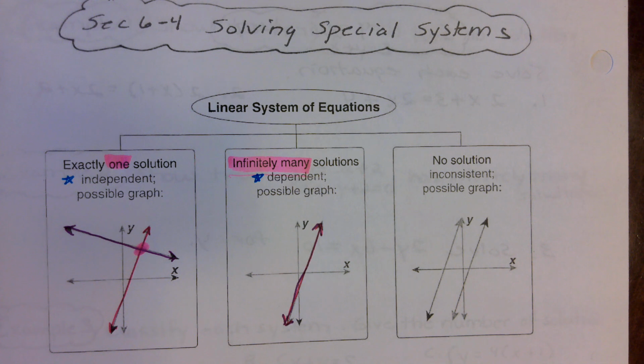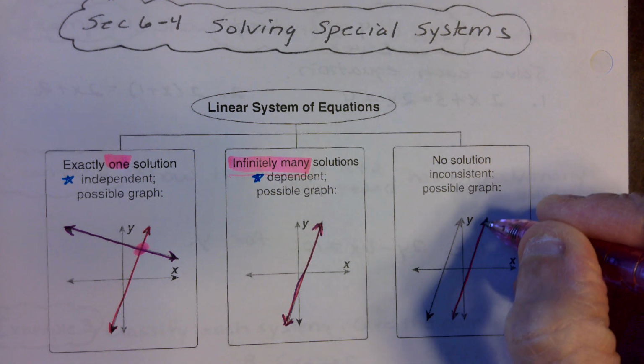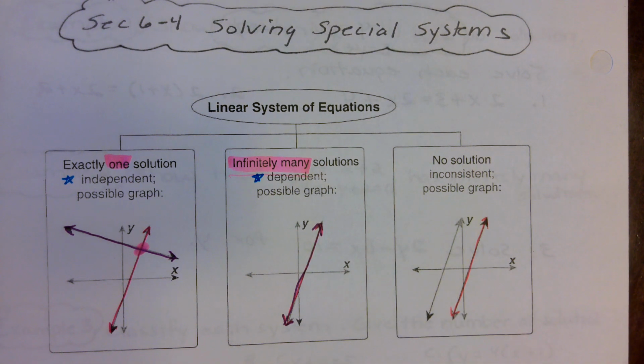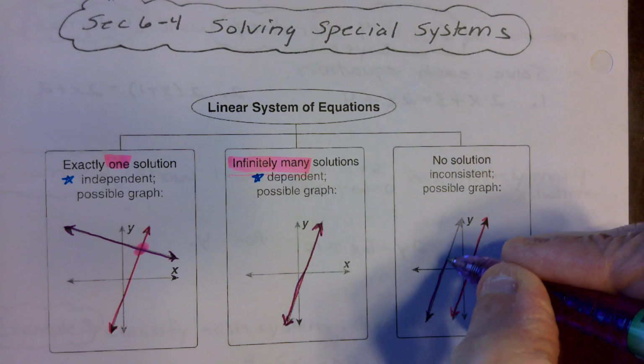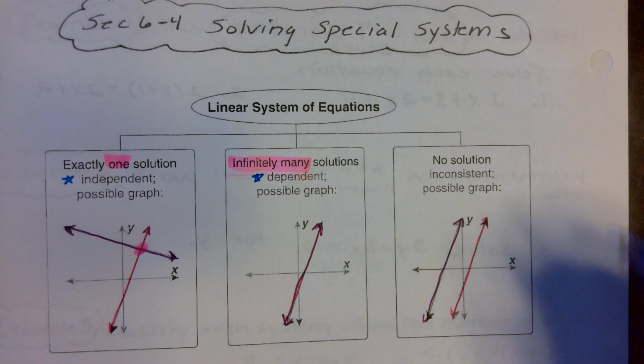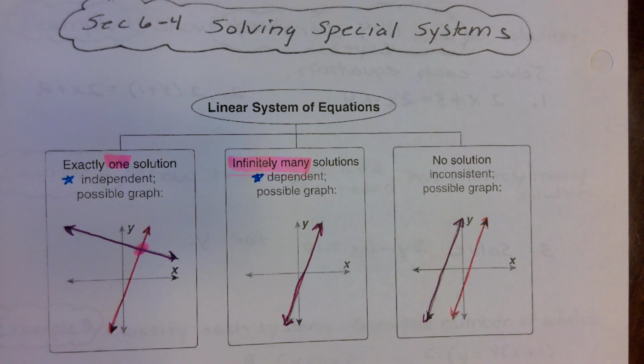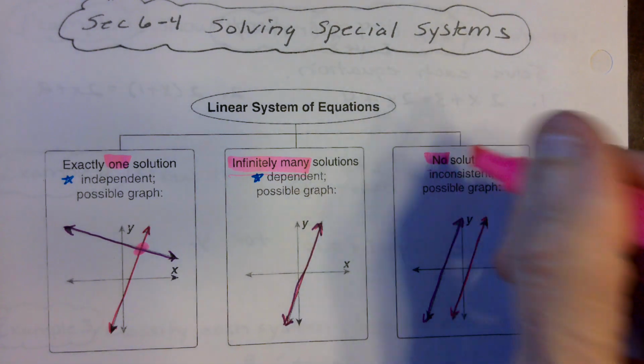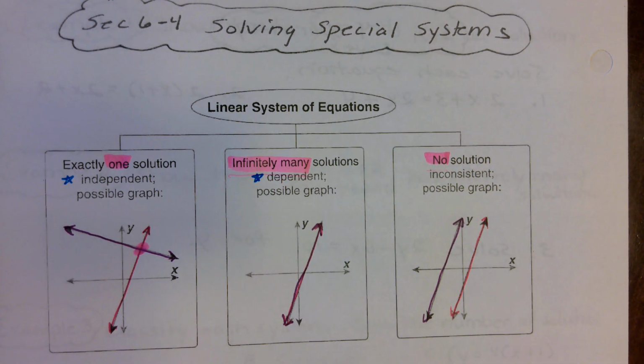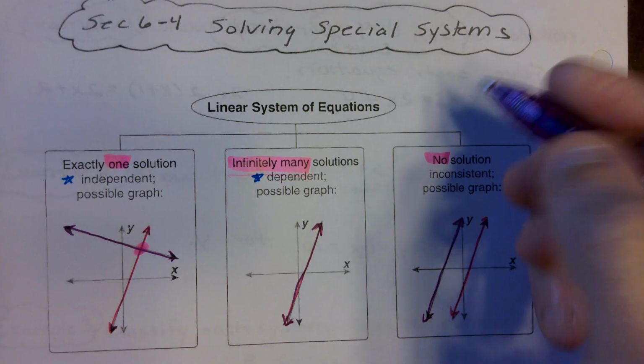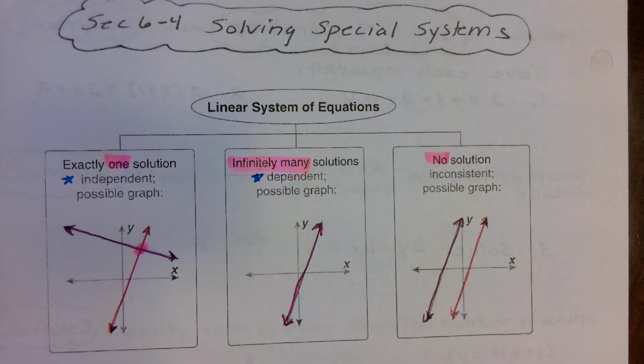The last option we have is where you have our original line here, and our second line runs parallel to it. So those two lines will never cross. Therefore, there is no solution. And that is called inconsistent.